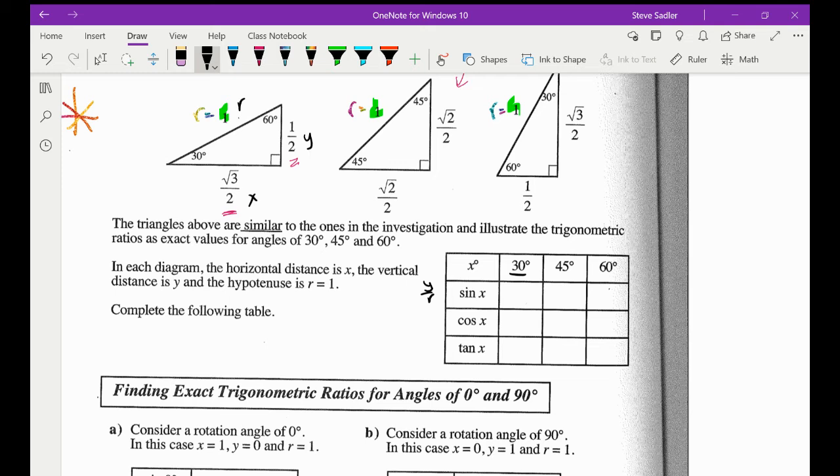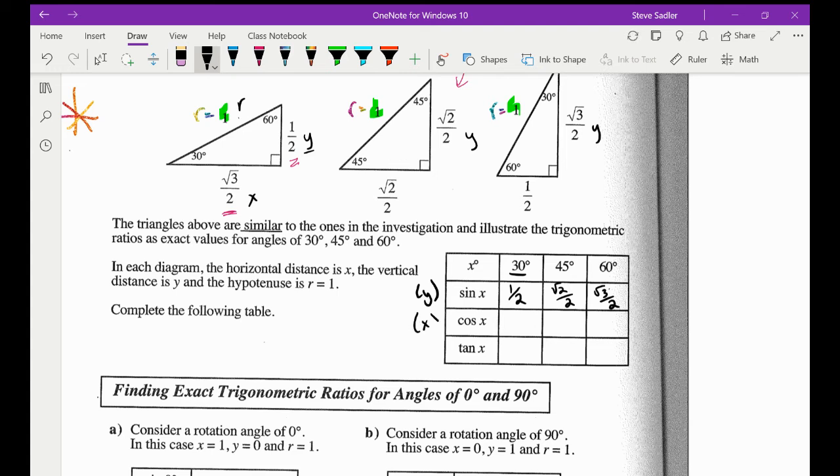If r is just 1, and you divide anything by 1, then it's just going to end up being the y value here, right? Because y divided by 1 is just y. So that's 1/2. 45 is the same way. It's going to be root 2 over 2. And 60 is going to be root 3 over 2. So it's all the y values here, because the r value is 1, and when we divide by 1, it doesn't change the value. So these are just the y values.